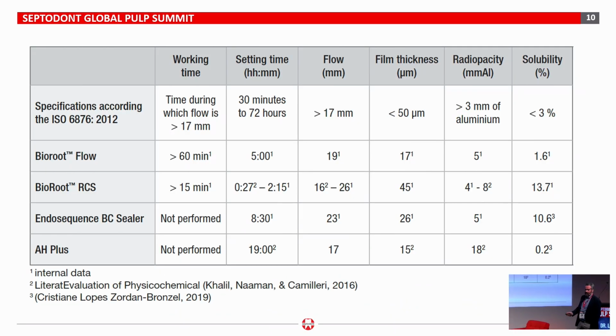Both BioRoot Flow and BioRoot Canal Sealer meet the specifications of the ISO standard for these materials. But if we compare, the working time and the setting time are longer for BioRoot Flow. The flow and the radiopacity are similar, and the film thickness and the solubility are smaller. So it seems that it's a little bit better than the classical BioRoot.